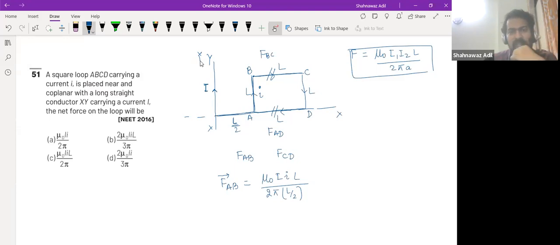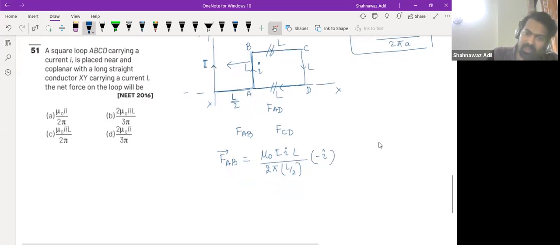The force would be attractive or repulsive? Attractive. So this wire will try to attract this loop. So this is which direction? Minus x. Minus i hat, so minus i hat is the direction.